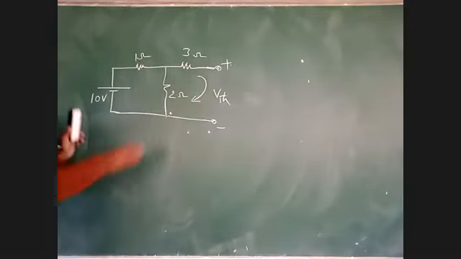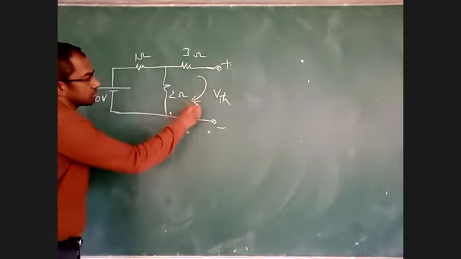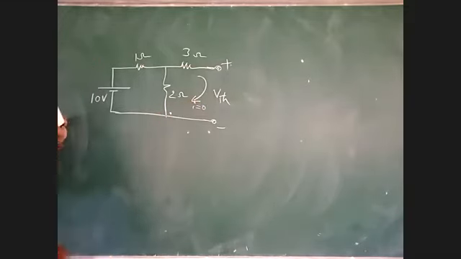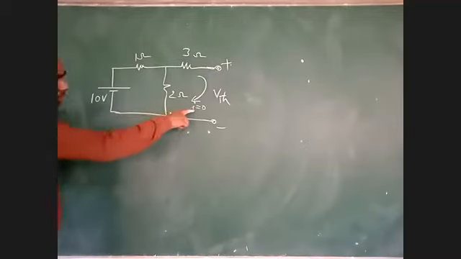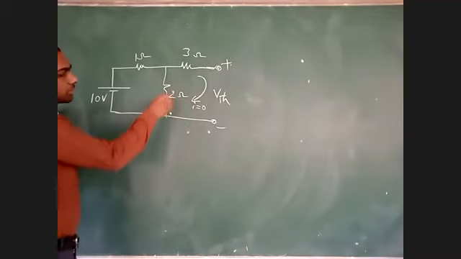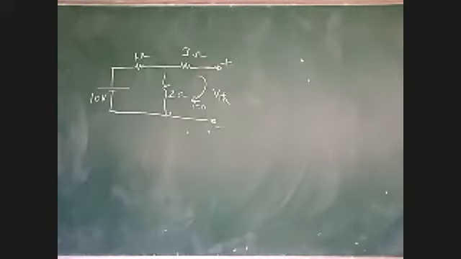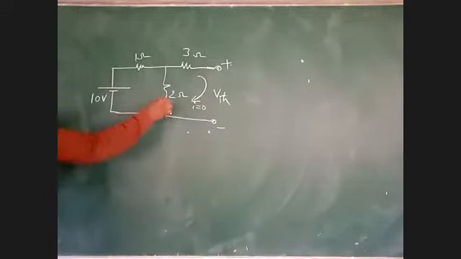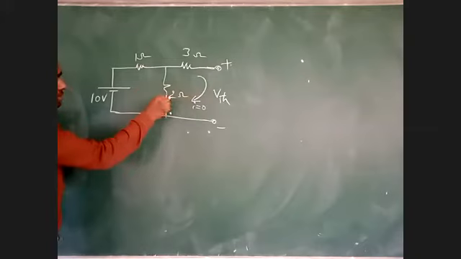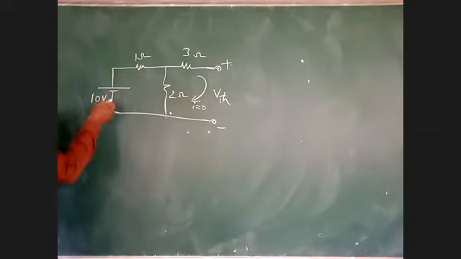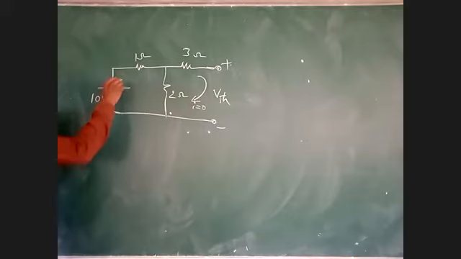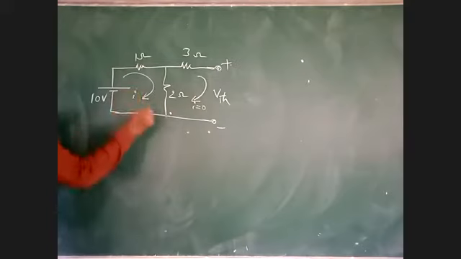Now see here, if current is 0 here, what is the current flowing in 2 ohms? 0. Current flowing in 2 ohms in this loop is 0, but this 2 ohms is common to both loops. That means from the battery, current will flow from negative to positive like this.